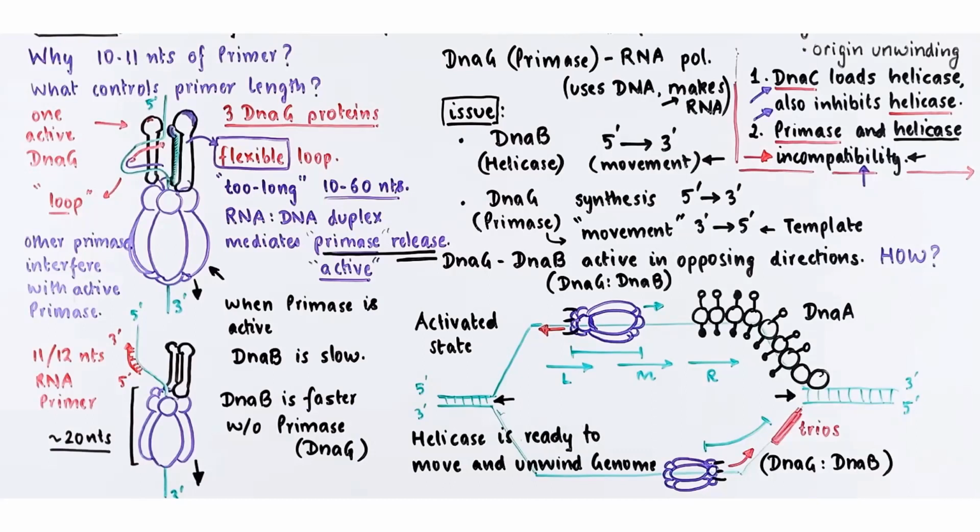The other mechanism relies on the other primases. The primases are also pretty flexible, and there are some studies that show the mere dangling of these non-active primases will interfere with the active primase and cause its release. And this also appeared to be the region for the control of the primer length.